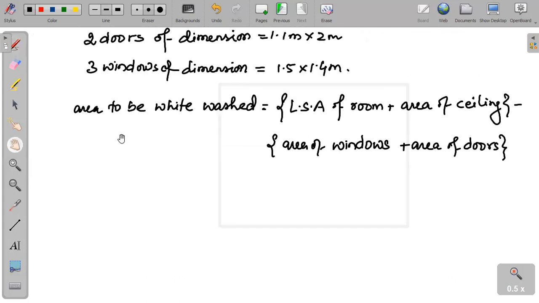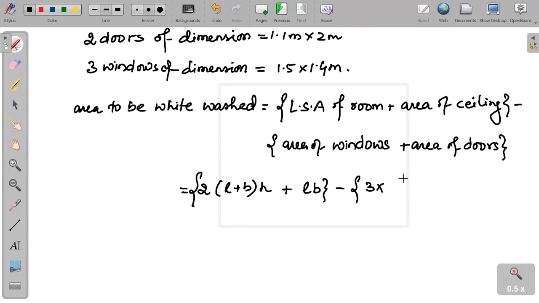That will be 2 into L plus B into H plus LB, minus 3 into 1.5 into 1.4, plus 2 into 1.1 into 2.